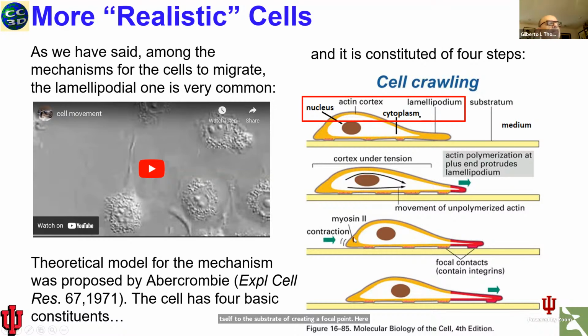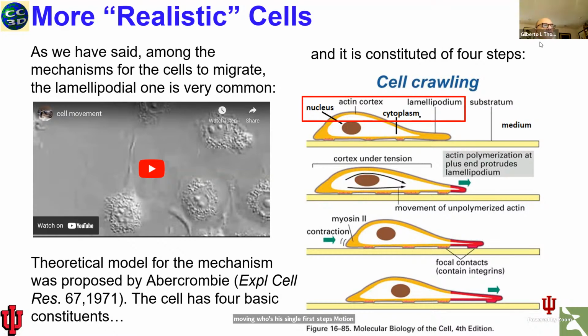Everything is pulled forward, the rear part of the cell detaches from the substrate, and is contracted in the same direction to the right side. And then things start over. So it's advance, attach, detach the rear part, contract the rear part, and move in that direction. So this is a single 4-step motion.